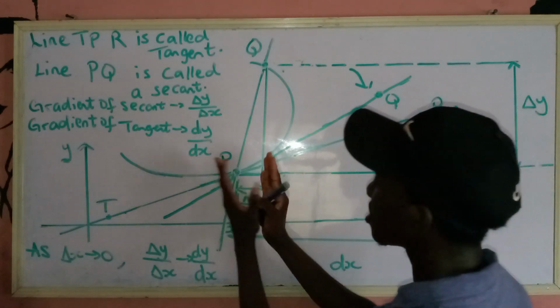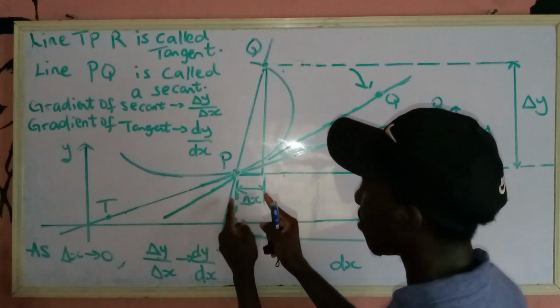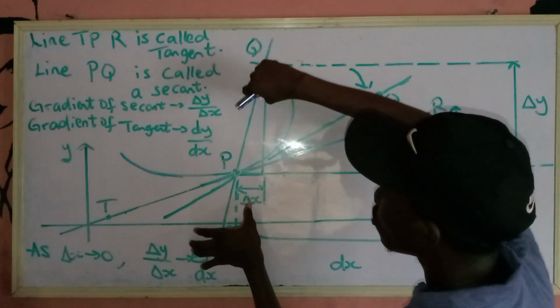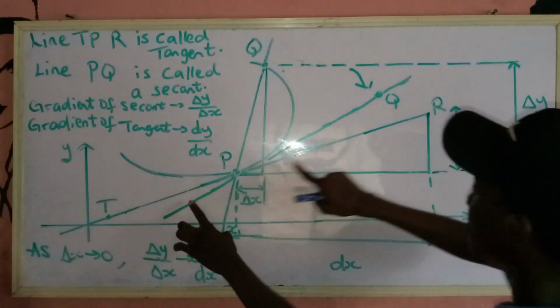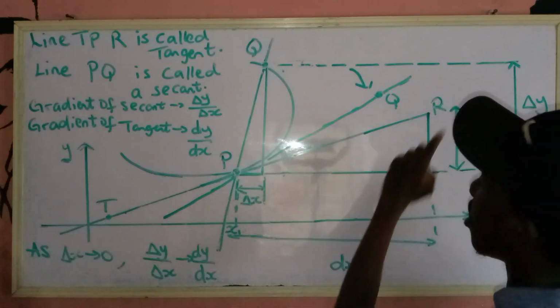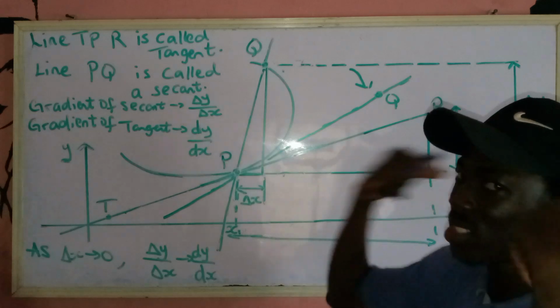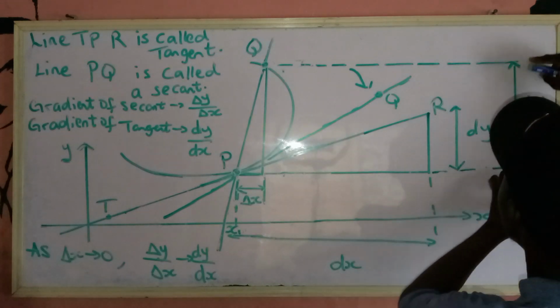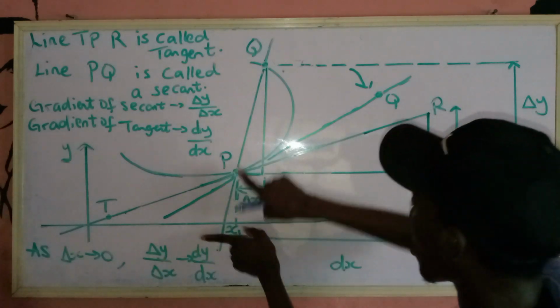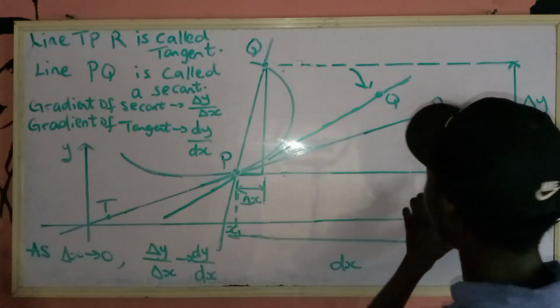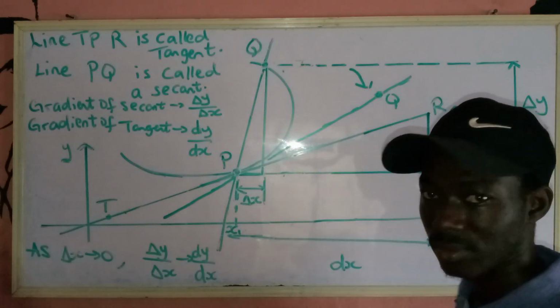So as you keep decreasing this base distance, and you are turning this line clockwise, it becomes this line TPR. And that also means that the change in y over change in x of this line, when you turn it to this line, becomes the dy dx.